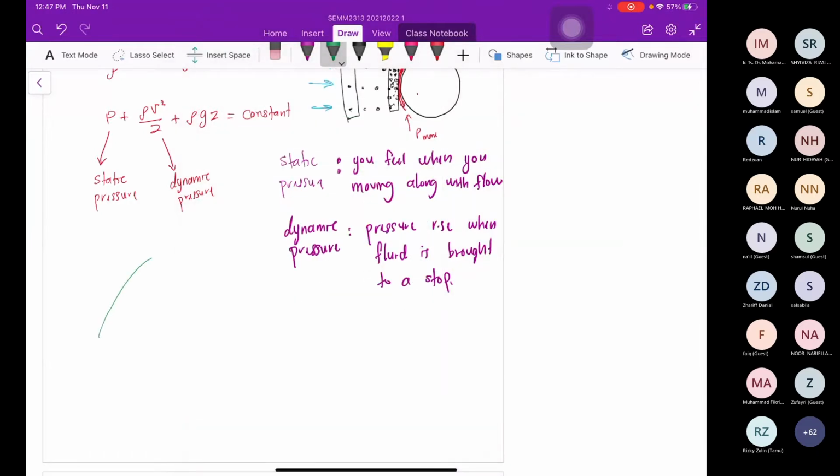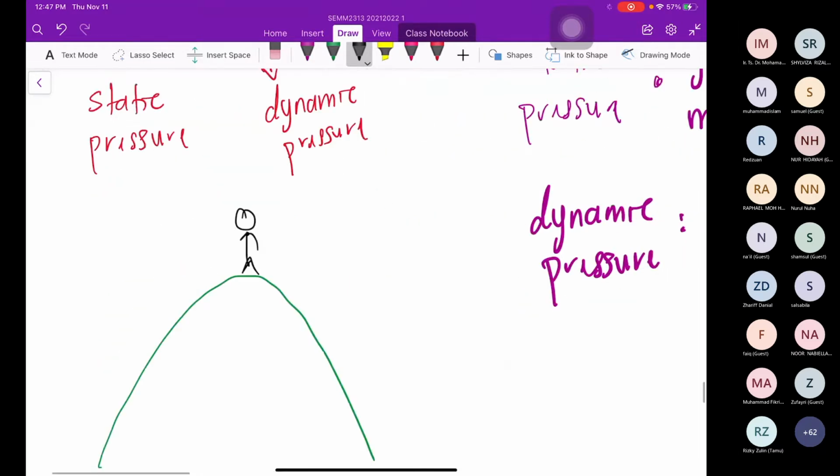this is a mountain, and this is you. You are on top of the mountain, exposed to the atmospheric pressure. The atmospheric pressure is P atm equal to 101.325 kilopascal. This is a very high value.